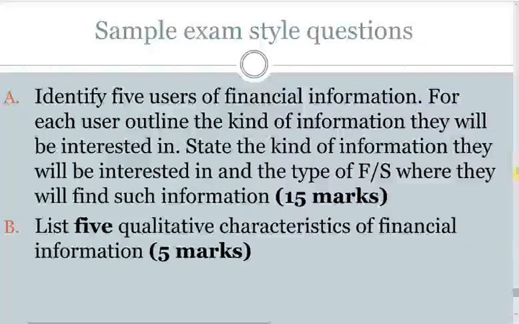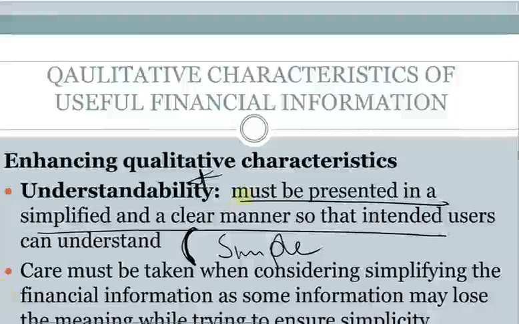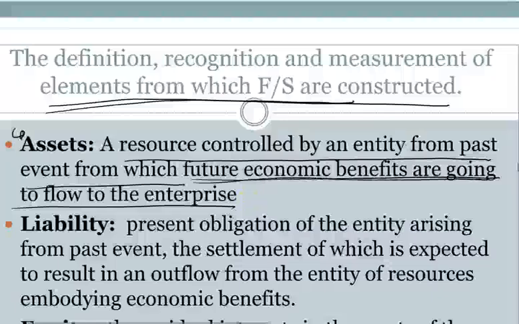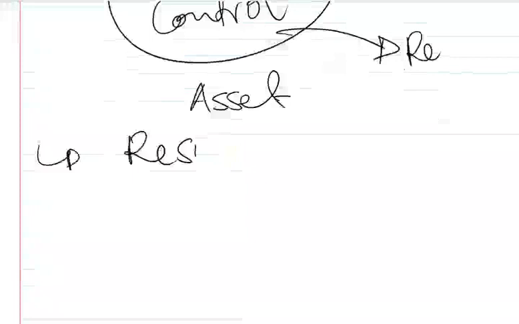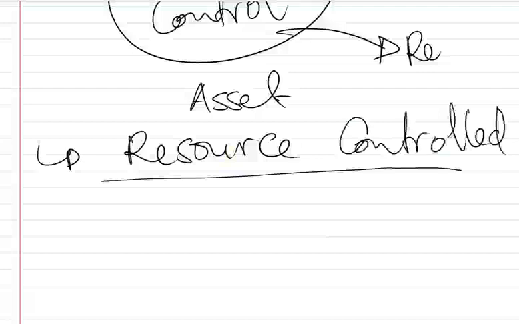The other thing is we're expecting future economic benefit to flow into the entity. So for an asset to arise, it needs first to be a resource controlled by an entity, not necessarily owned. You can actually just control it. No need for ownership for it to be qualified as an asset.